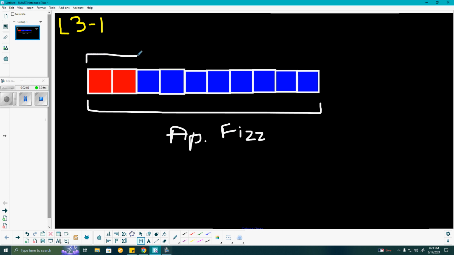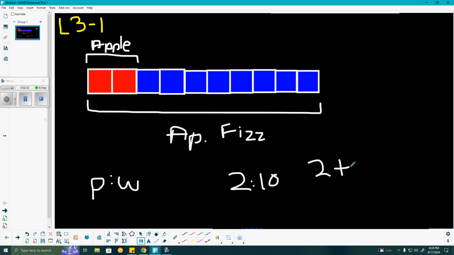This section over here that's in red represents our 2 cups of apple juice. So that's why I have colored in 2 boxes. Remember, this type of ratio is what's known as a part to a whole. We could say that the ratio is 2 to 10.